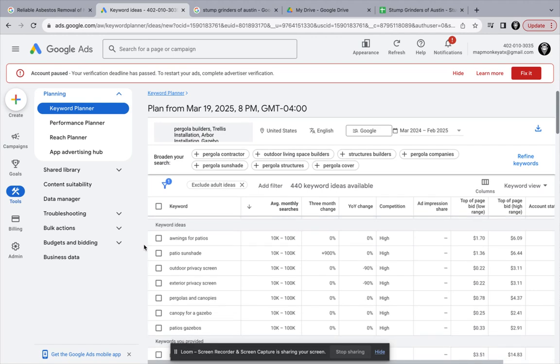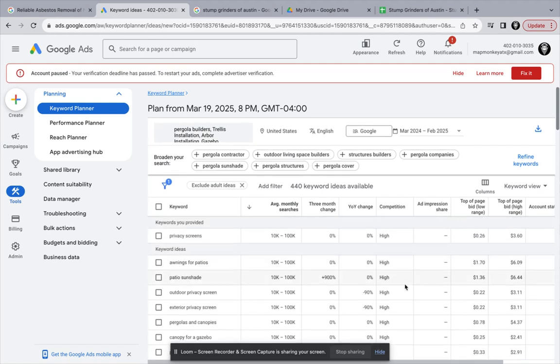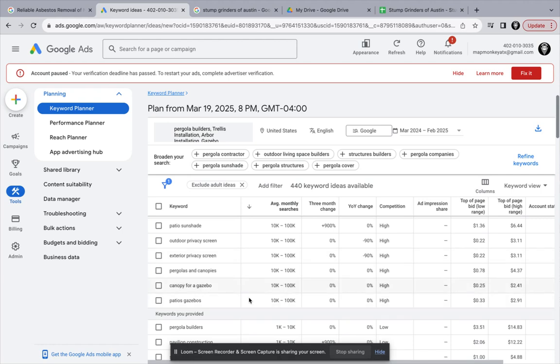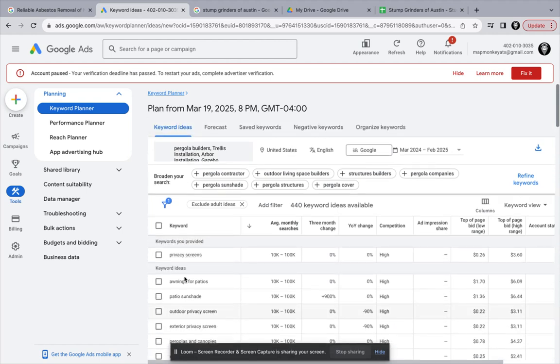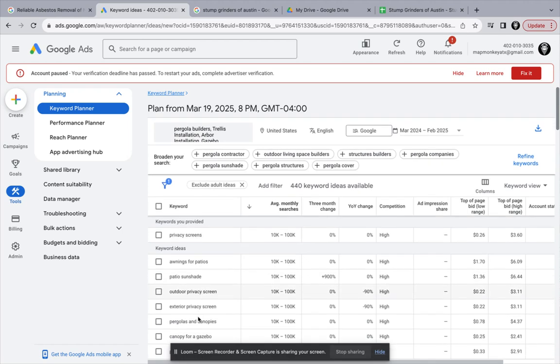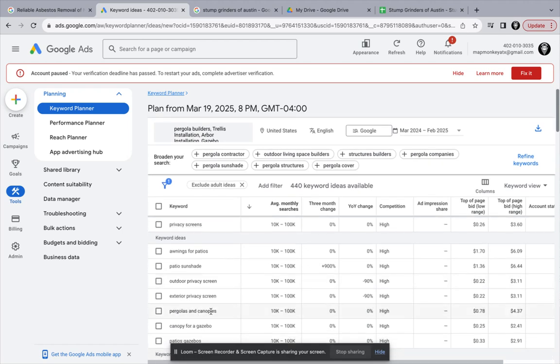So here's my thought process. Obviously, the top monthly searches are the ones that are most interesting to me. The 1K to 10K, a little less. Initially, I was like, all right, where is the highest volume form of the word pergola?